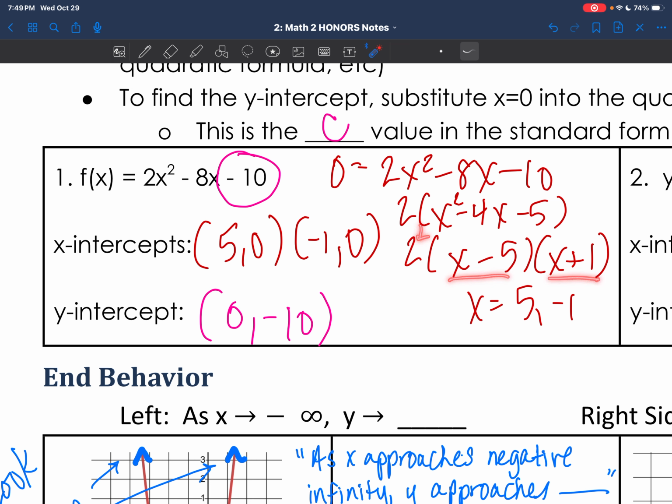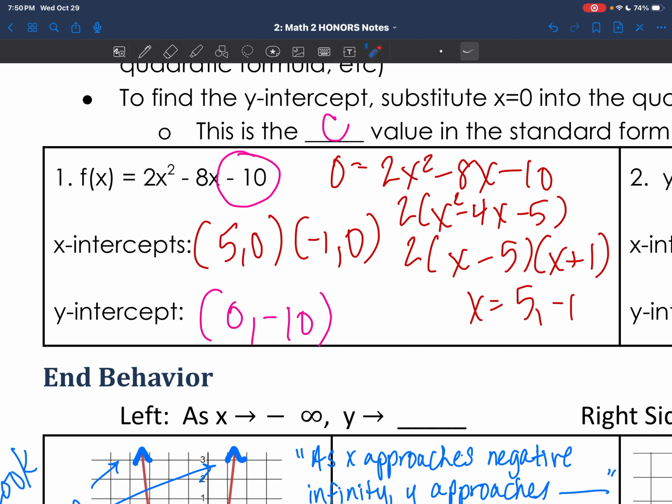Don't forget to bring down the 2, and then set this equal to 0, this equal to 0. Well, that 2 does not equal 0, or you divide both sides by 2, and that cancels out anyways. So set this, and then you're going to end up getting x equals 5 and -1.